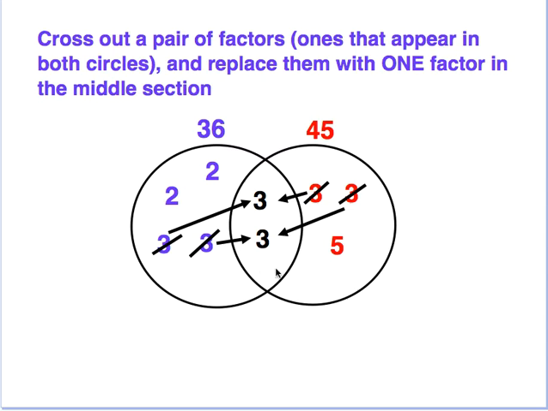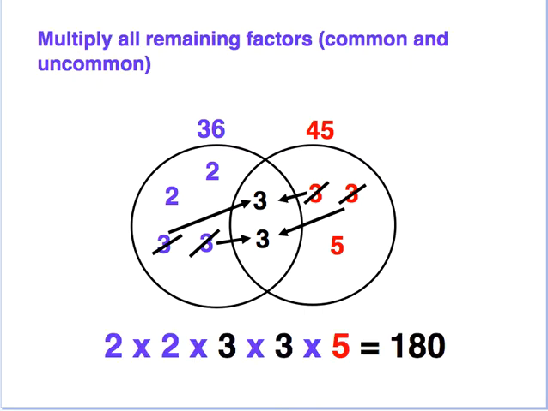So you would see that you have 3 and 3. And then I would multiply all of my other numbers, and I would only use the 3 and the 3 once, rather than using it twice. So I would do 2 times 2 times 3 times 3 times 5, and that would also give me 180.